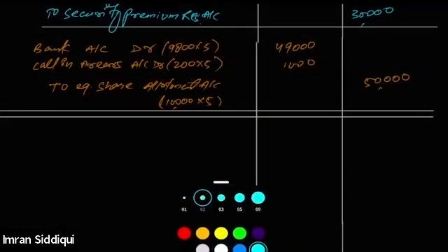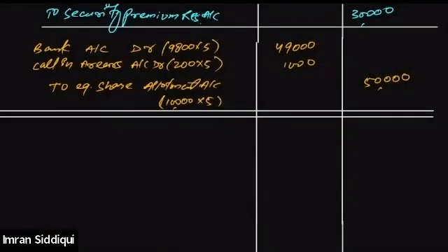So first of all, we'll pass the entry for making it due. So for making it due, the journal entry will be, tell me, anyone? Anybody? Please tell me.